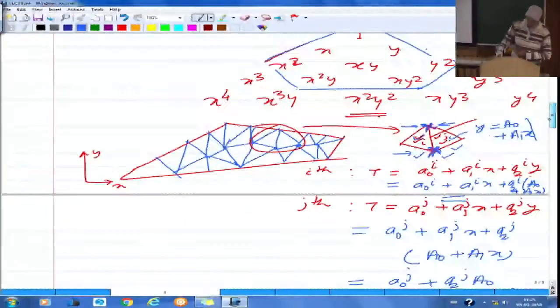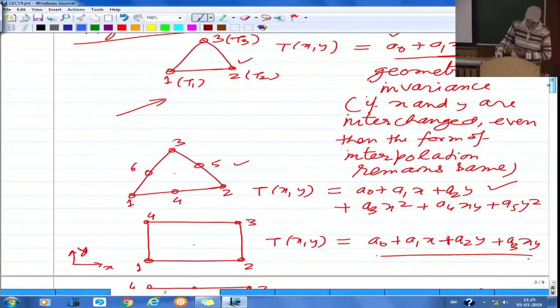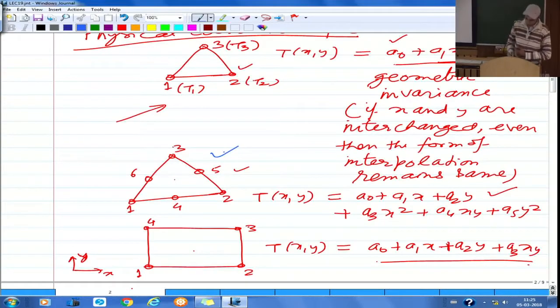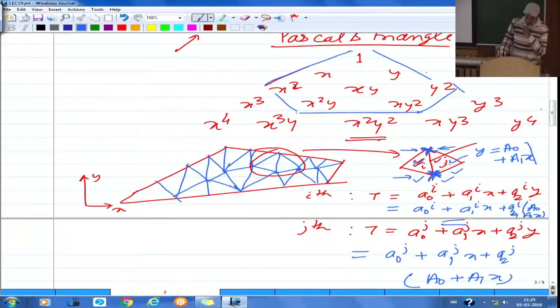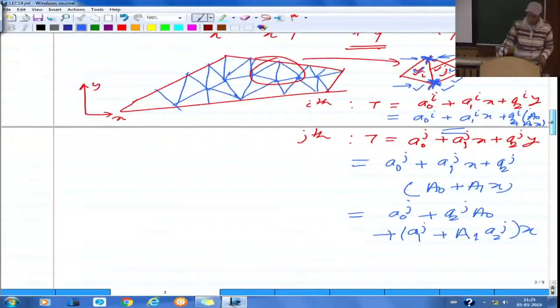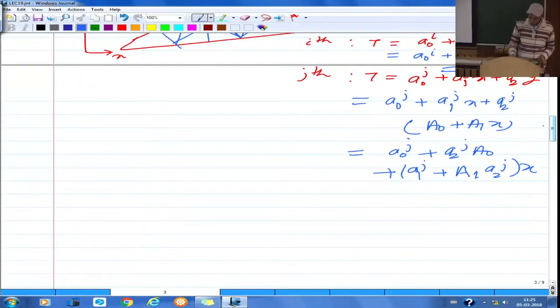So if you now talk of a 6-noded triangle, say first this triangle, we have this as an approximate solution. Still the triangle is having straight edges. Let us say that these elements, rather than 3-noded triangular elements, are actually 6-noded triangular elements.